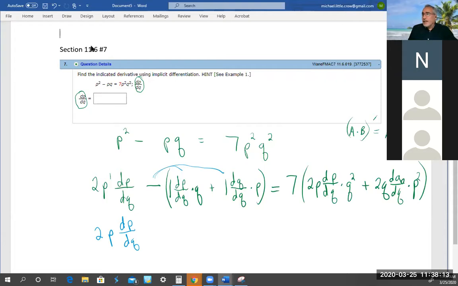This dp/dq is still there, so that's going to be minus, I'm going to bring the q to the front, minus q dp/dq. This negative comes here, so that's minus. I'm going to move the p to the front, and I'm going to say dq/dq is really just 1, so that's all there is on that.